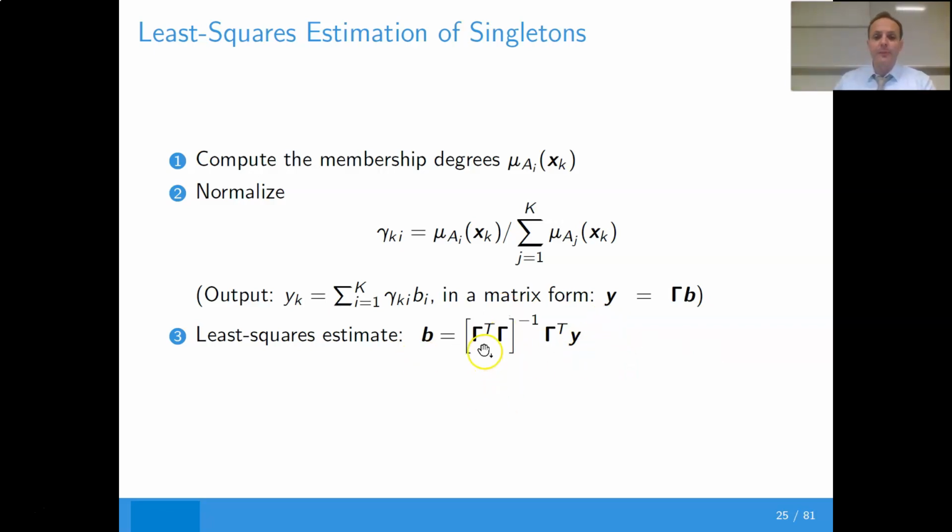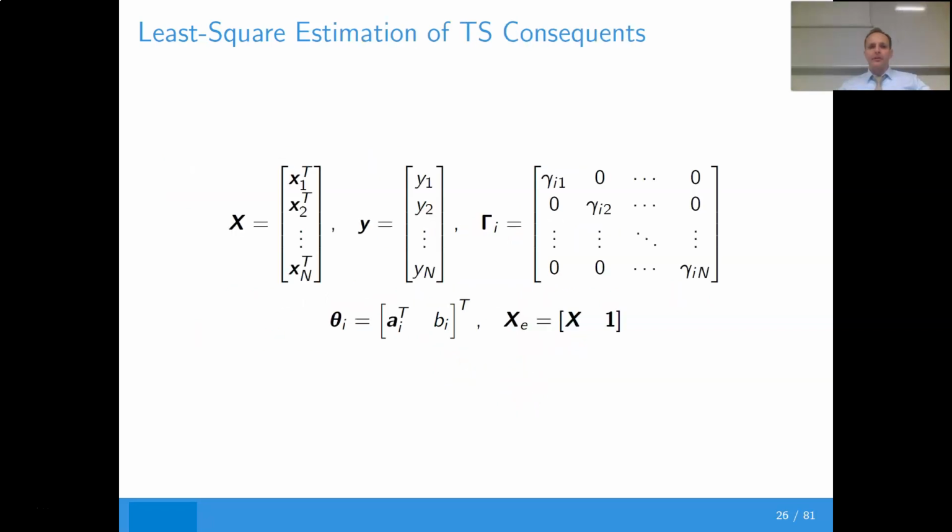Note that normally, depending on the data, this matrix is assumed to be non-singular. So it means that the matrix gamma has full rank, or the number of independent columns is maximum. So you have this estimate of the unknown variables.